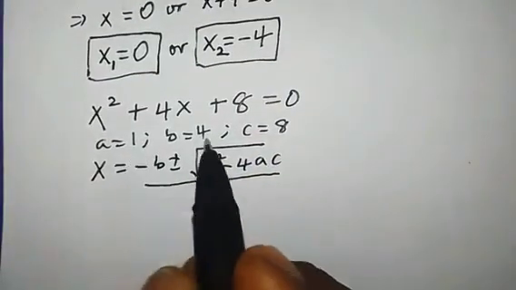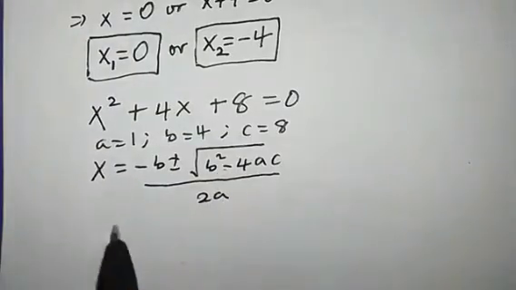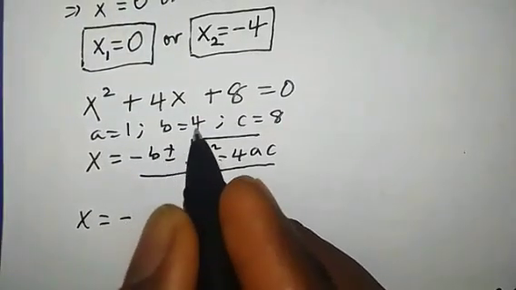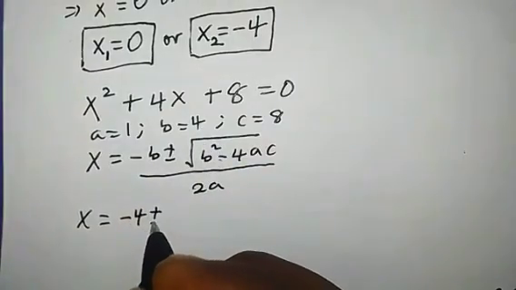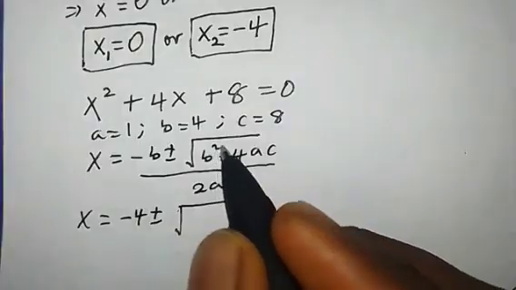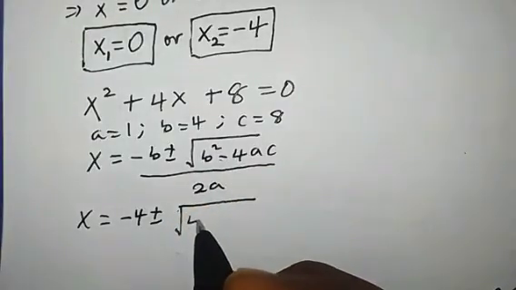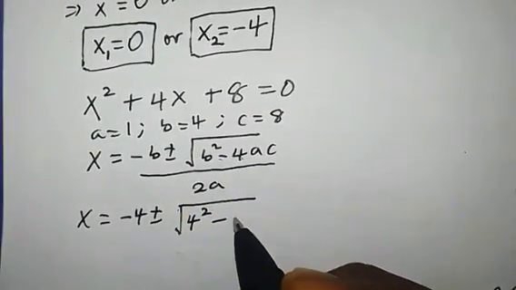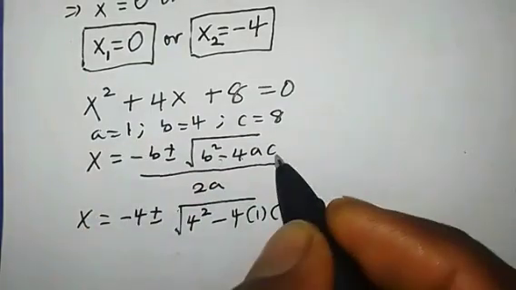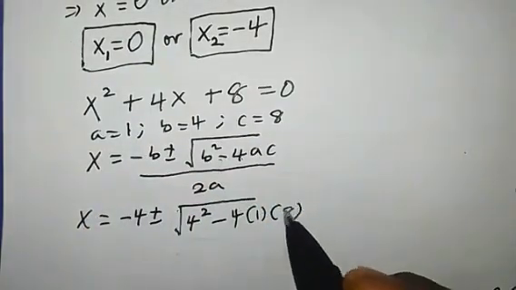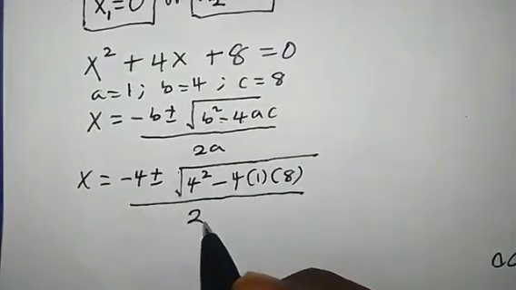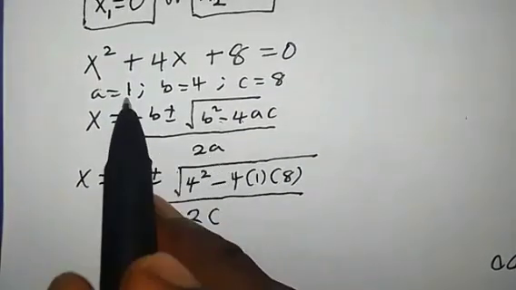So let us plug all these values into this right hand side. x equal to minus, what is b? b is 4, plus or minus square root of b squared, that will be 4 squared, minus 4 times a is 1 times c is 8. Everything divided by 2 times a is 1.